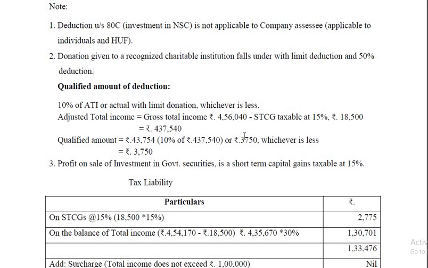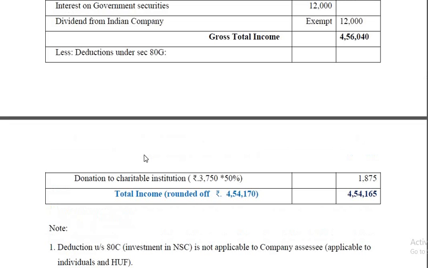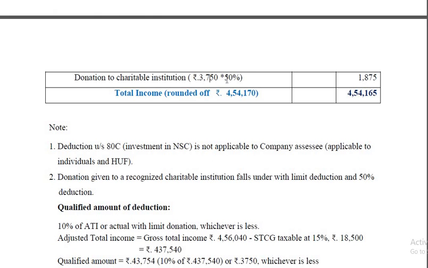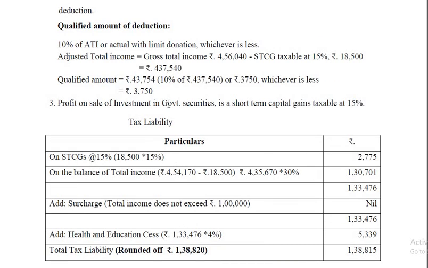Of these two values, that is 43,754 or 3,750, whichever is less. So what is less? 3,750. So that is the qualified amount. That's why here taken. But that is subject to 50% reduction. So 1,875.